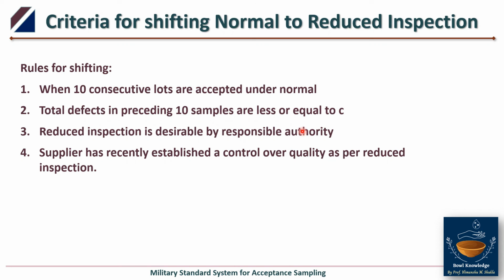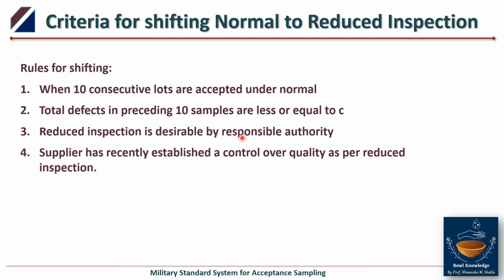If you find the total defects in the last 10 samples are less than or equal to C, you can shift to reduced, because this is an indicator that you are over-inspecting, your sample size is more than required. So shifting to reduced will save your cost of inspection.